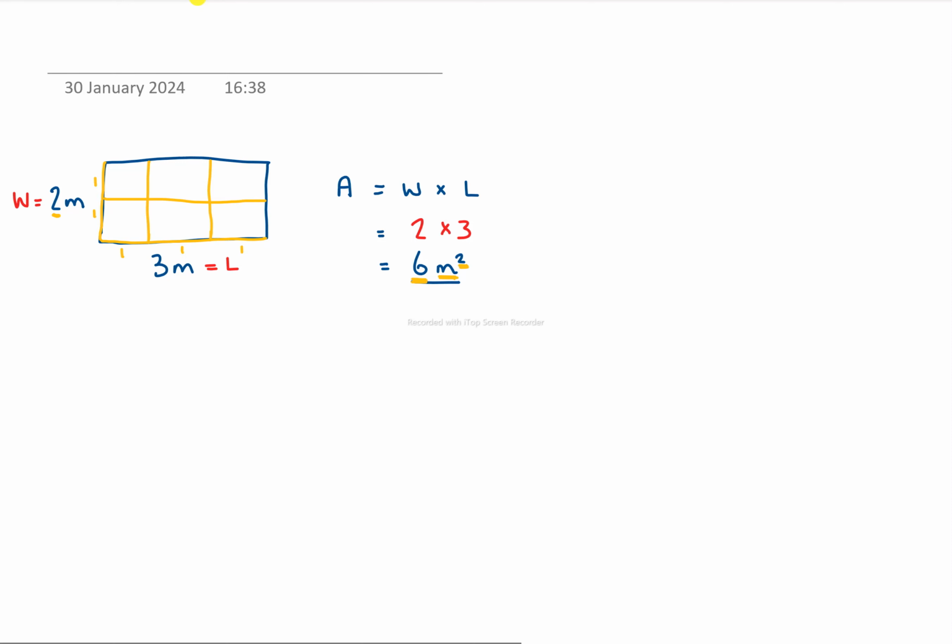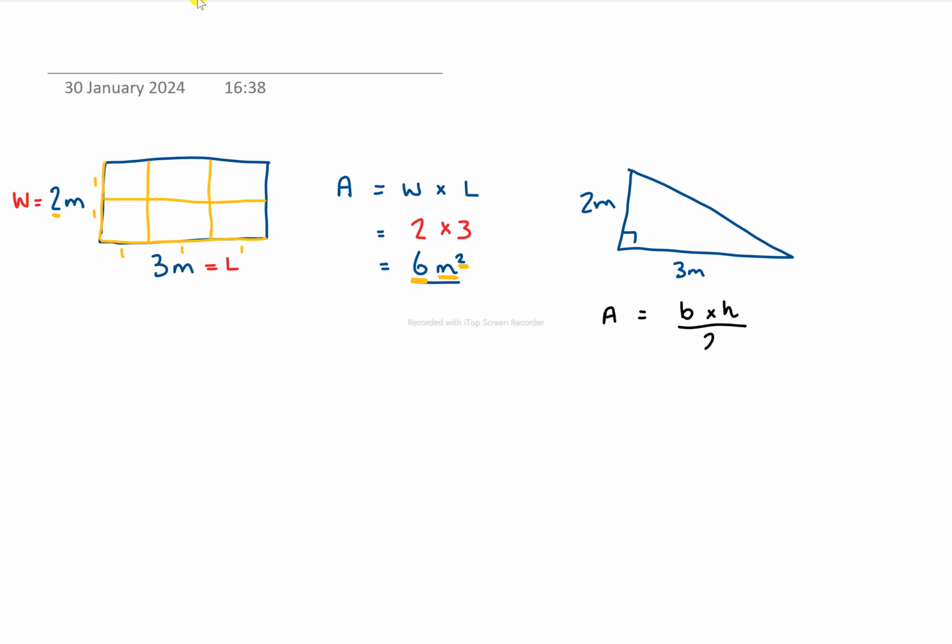Now what did we say, can you remember, about triangles? So this is 2 meters and that is 3 meters. Still a right angle triangle. So let's do the formula. The area A is the base times the height, all divided by 2.